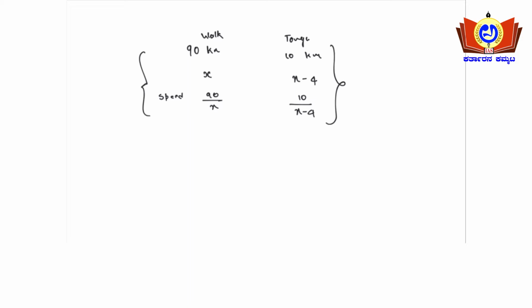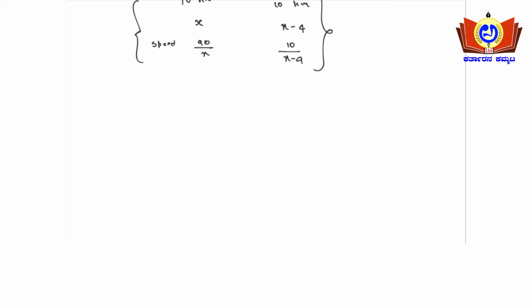After that, what they are telling is, if he reversed the time traveled by the tonga and the time traveled by walking, then the distance traveled by tonga will be equal to the distance traveled by walking.